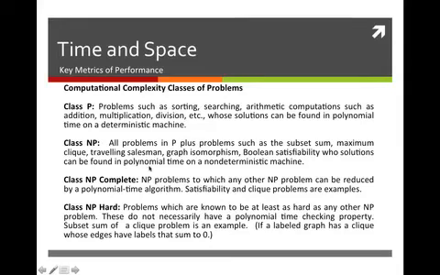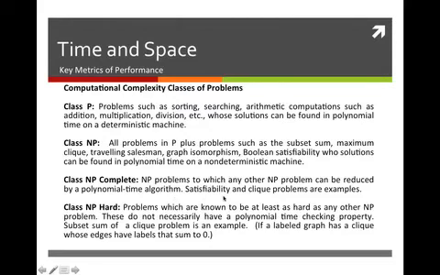And another problem class is called NP complete. And this is the class of problems to which any other NP problem can be reduced by a polynomial time algorithm. In other words, you can set up the equivalence between a problem in NP and an NP complete problem by way of a polynomial time algorithm reduction.